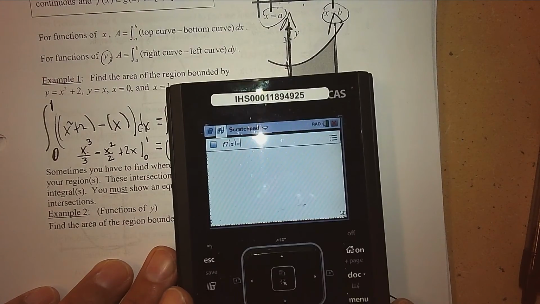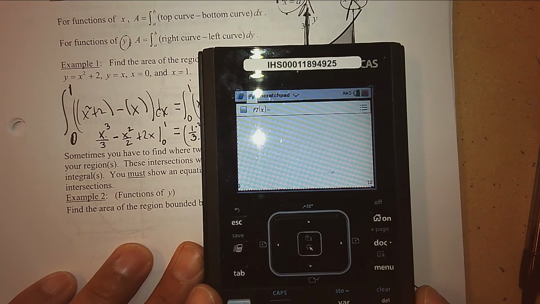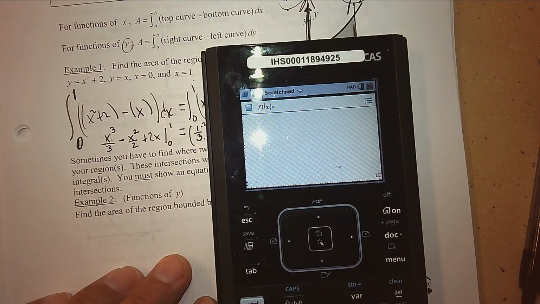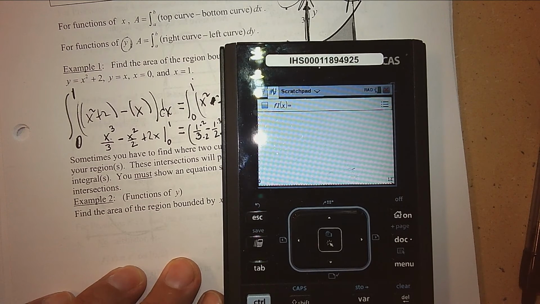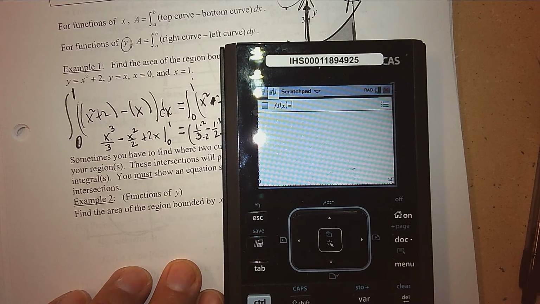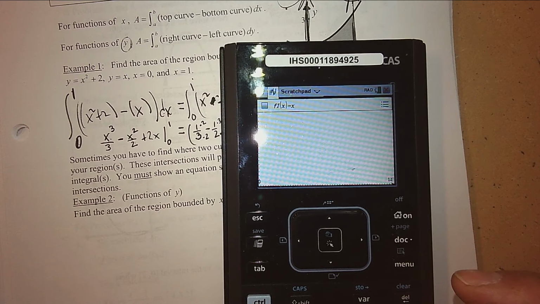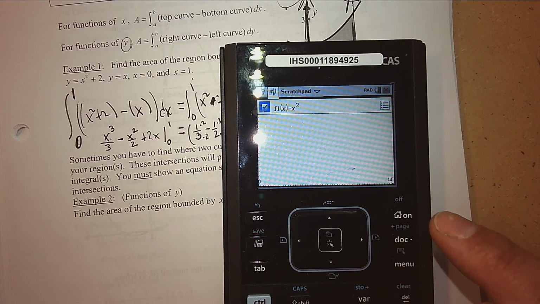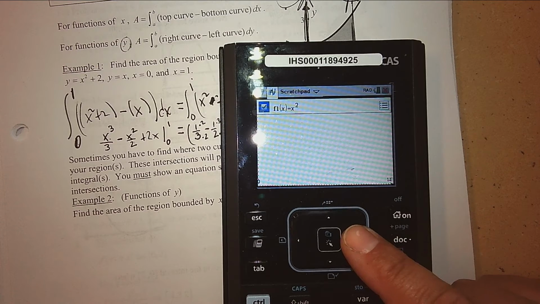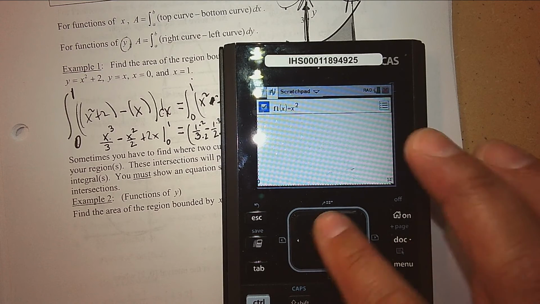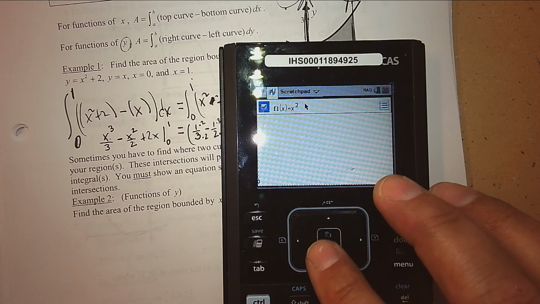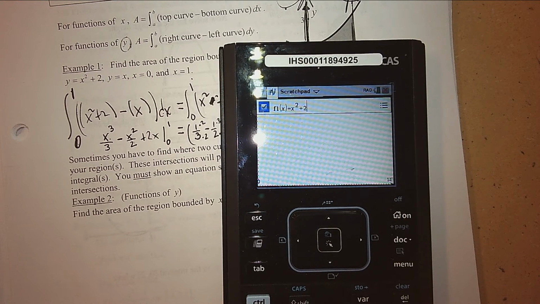Okay, we're going to do this by graphing. So, I want you to get to the graph. What we're going to type in is x squared minus x plus 2.